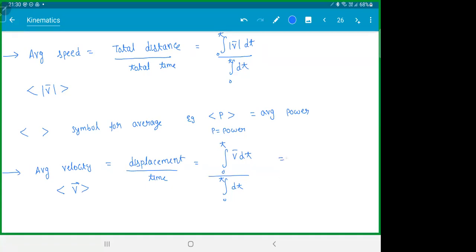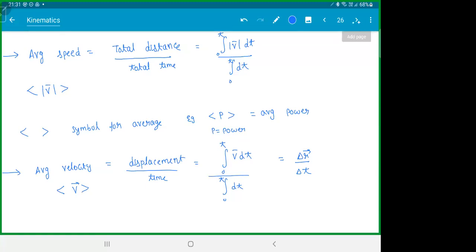So average velocity can be also written as delta r bar, change in position vector by change in time. Average speed and average velocity. Clear?